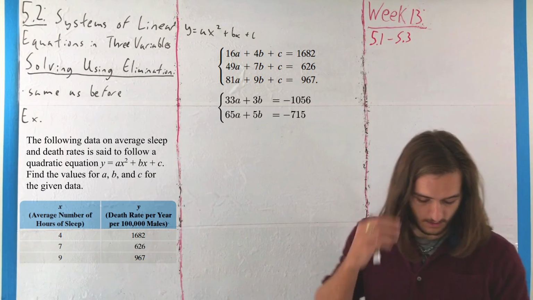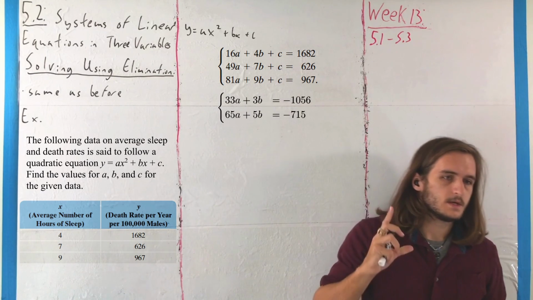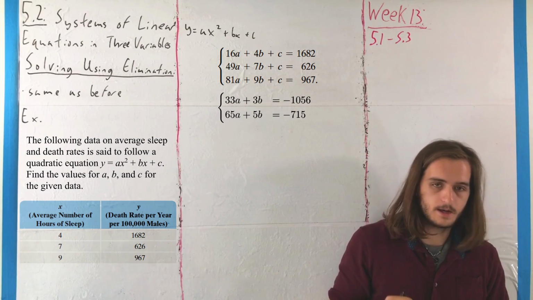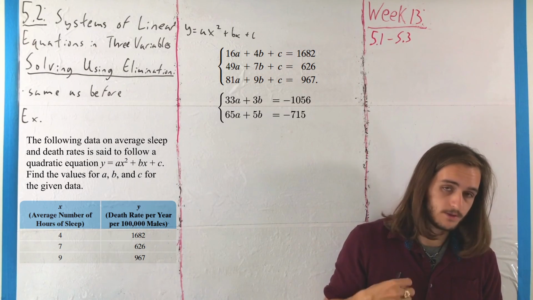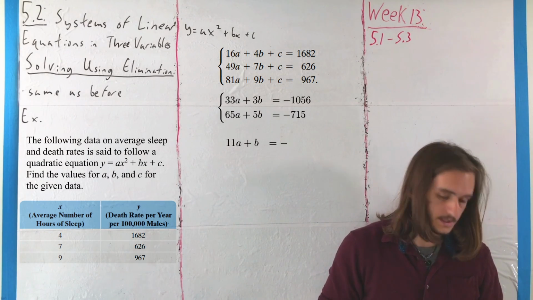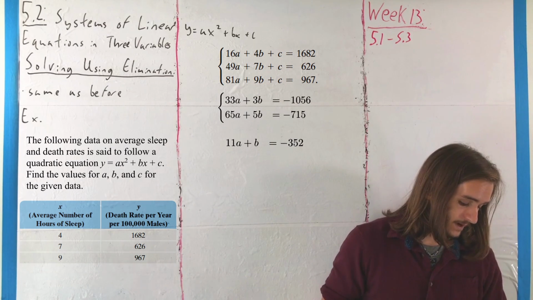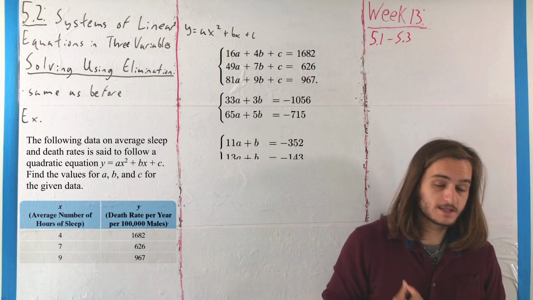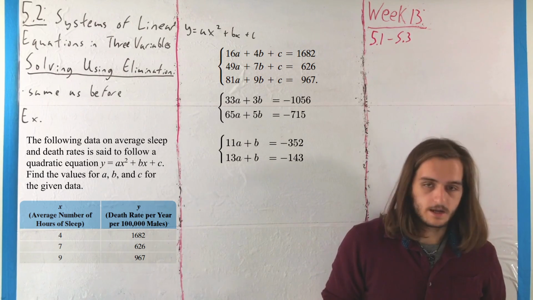It's probably not super obvious what we want to do from there, but if we divide out a 3 from the first equation, we would get 11a plus b equals negative 352. And if we divide out a 5 from the second, we would have 13a plus b equals negative 143.